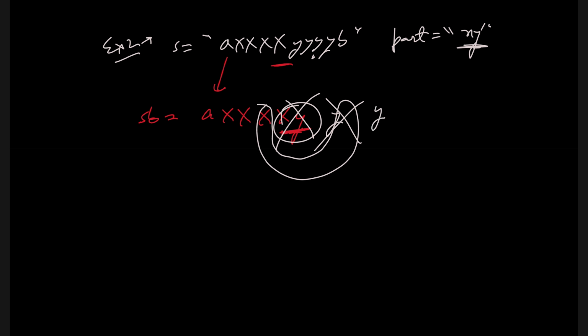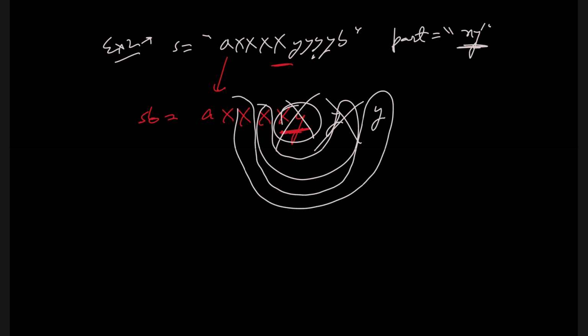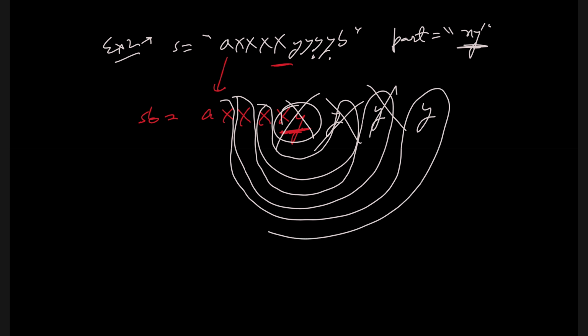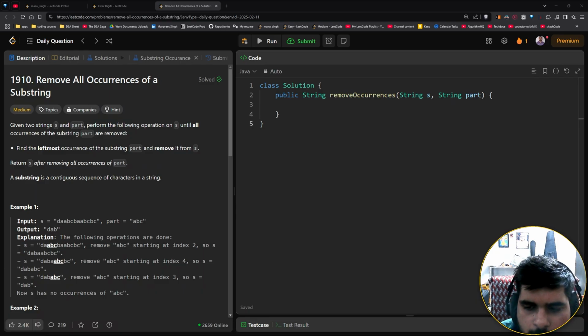Then again Y, we got our fourth occurrence, remove that also. Then again our last Y, now we got our fifth occurrence, remove that also. Then we have B. So we got our final AB.